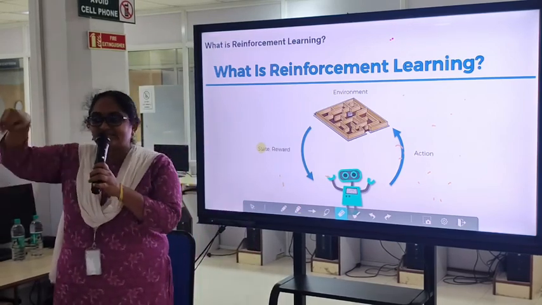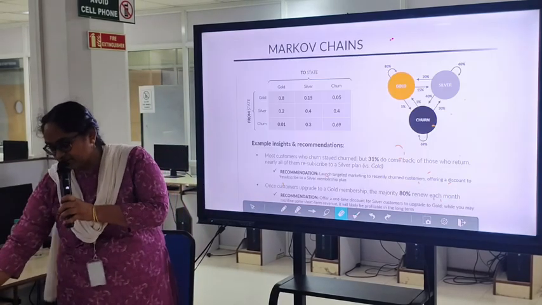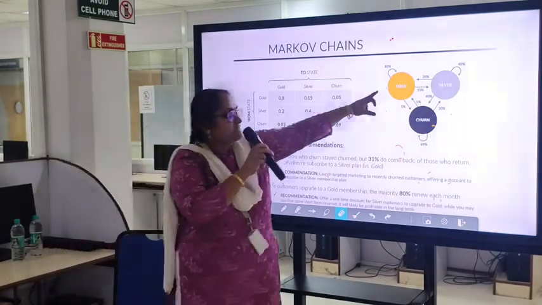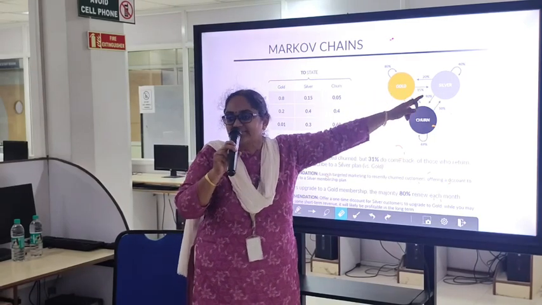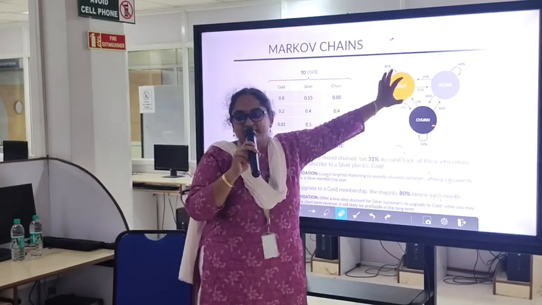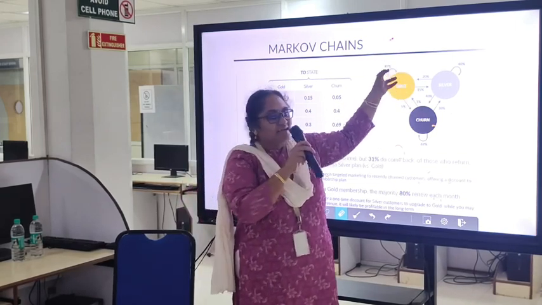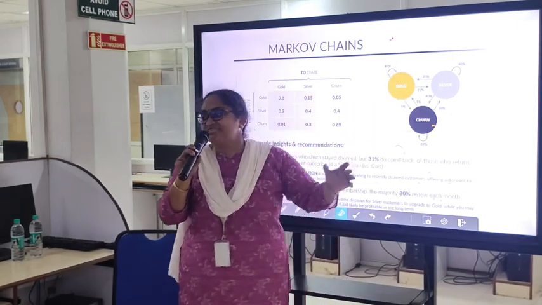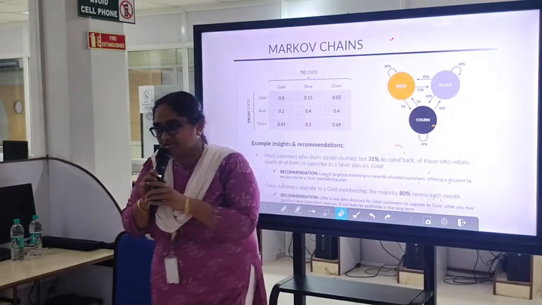In that also you have round circles, right? The last diagram that you saw. This represents a state. All the circles, I mean these nodes, are called the states, and the edges are called the transitions or the actions that they take to move from one state to another state.